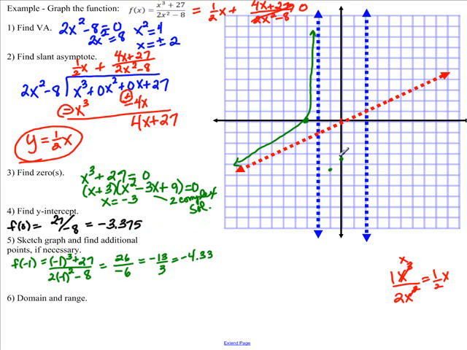Okay, we also need to know what's happening on the right side of this y-intercept. So if we plug in positive 1, we're going to have 1 cubed plus 27, which would be 28, over negative 6. So 28 over negative 6 is going to be a negative 14 thirds.